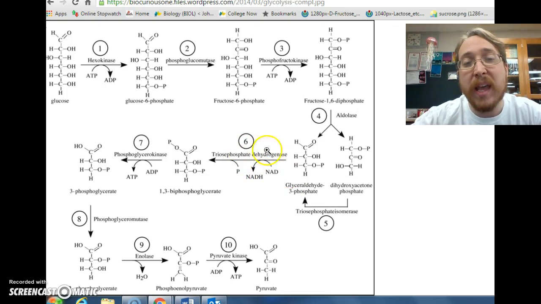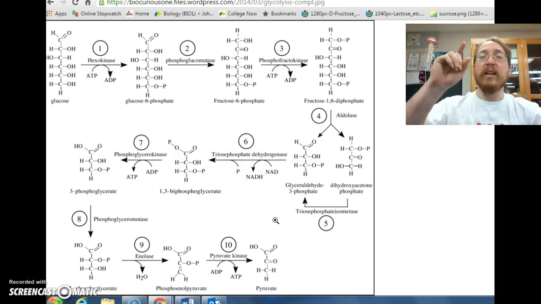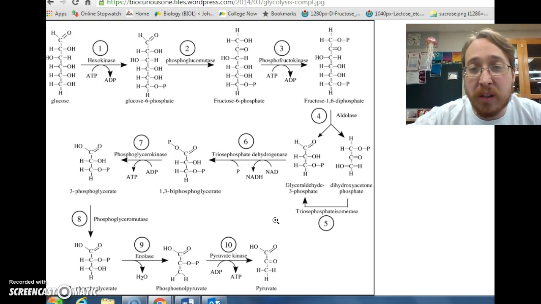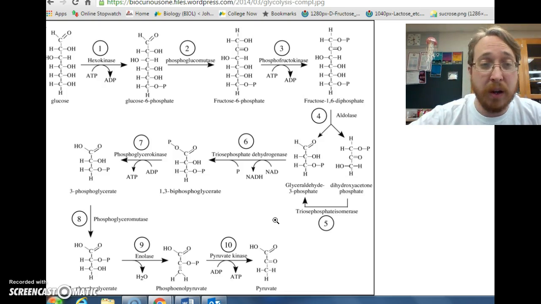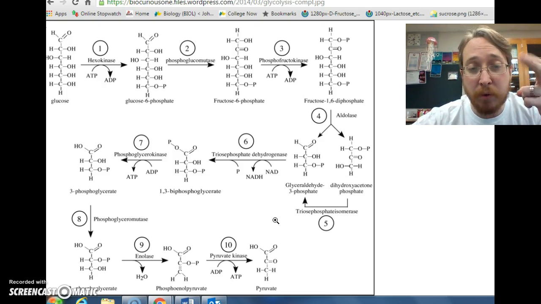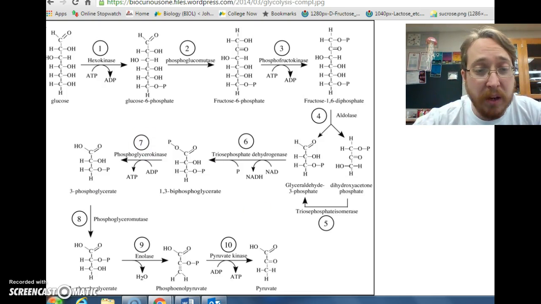And we get 2 NADH out of this. And NADH is not something we've talked about, but it is an electron carrier. NADH is what's grabbing the electrons, which we will use in a later phase of cellular respiration. So we get 2 ATP, 2 pyruvate, and 2 NADH electron carriers, which we're going to use later.